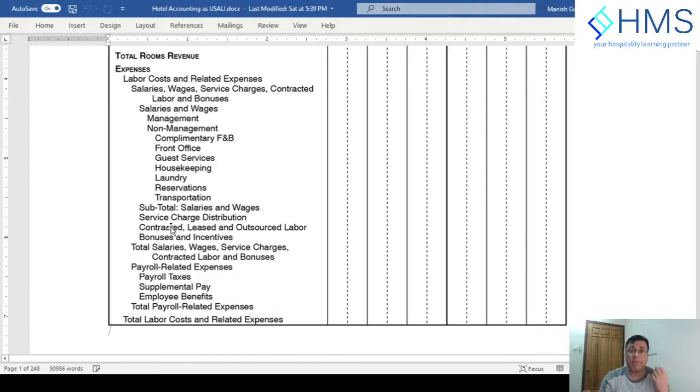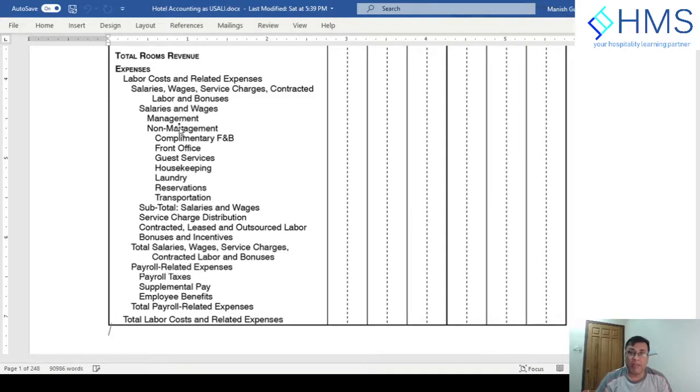Primarily, the labor cost in rooms division, salary and wages, is divided into two parts. One is called management and one is called non-management. And non-management is further divided into complimentary F&B, front office, guest services, housekeeping, laundry, reservations, and transportation, because they are all part of the rooms division, rooms service center.